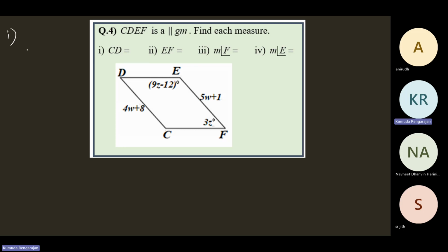How do we find the length of the side CD? Is the class quiet? Ma'am, don't know, ma'am. Okay.